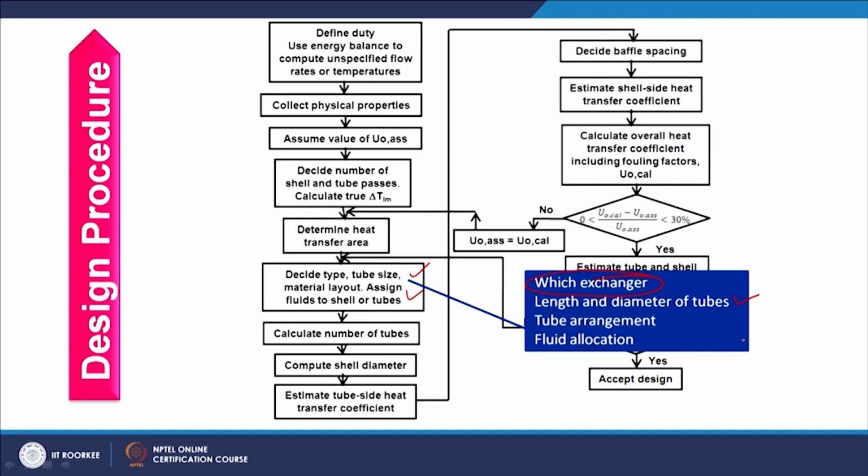Now, how can we calculate the number of tubes? That is very easy. The total heat transfer area you have already calculated, but now you have to calculate the area of one tube. Division of these two will give the number of tubes.